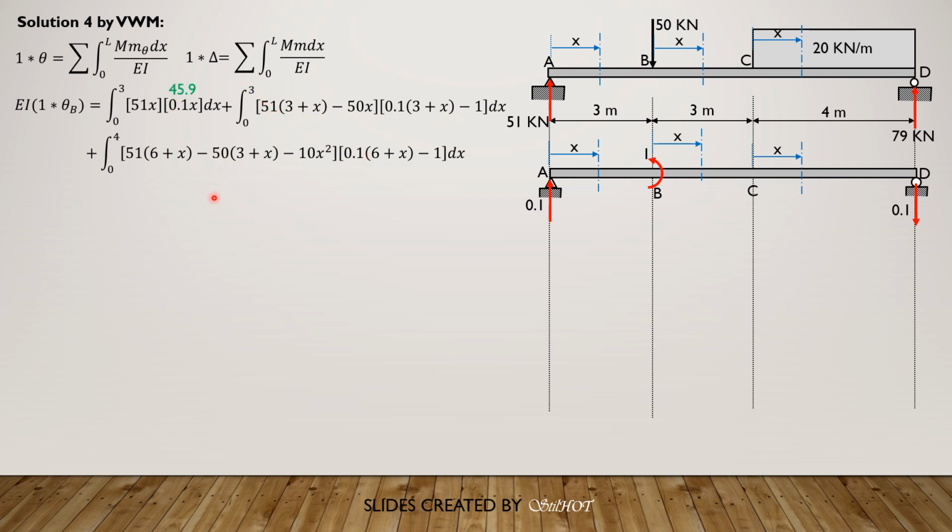The first integral is 45.9, the second is negative 254.7, the third is negative 1568 over 15. So combining, theta B is equal to negative 313.333 over EI as before.